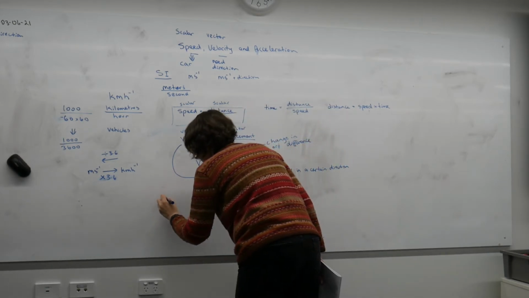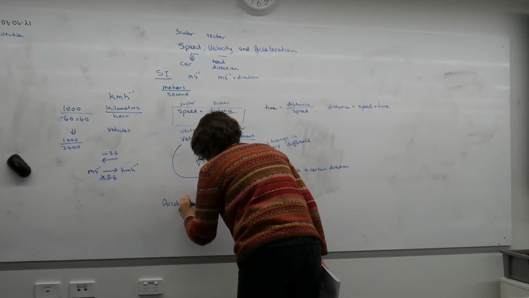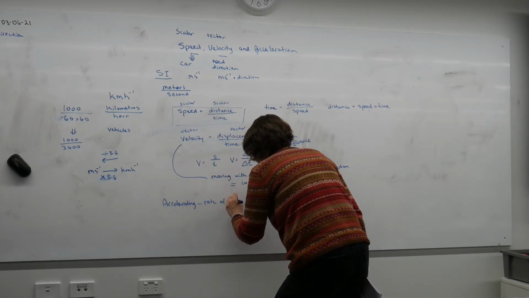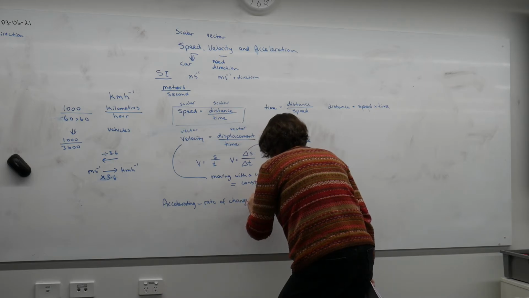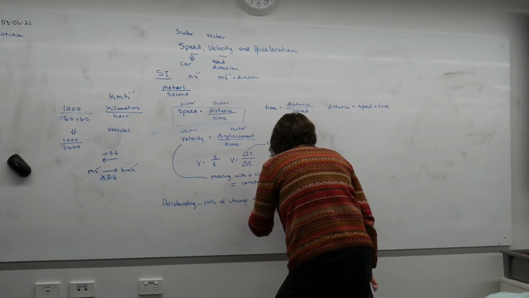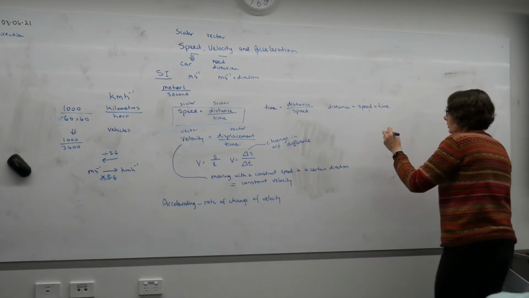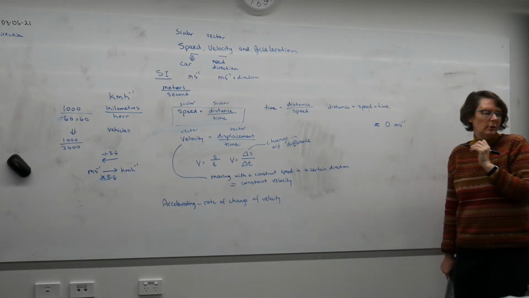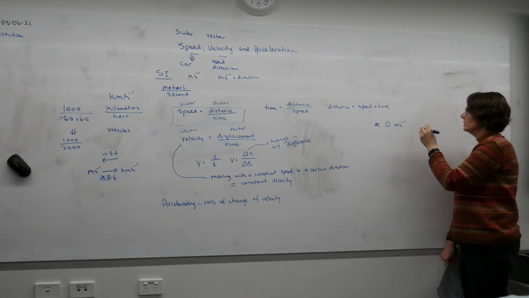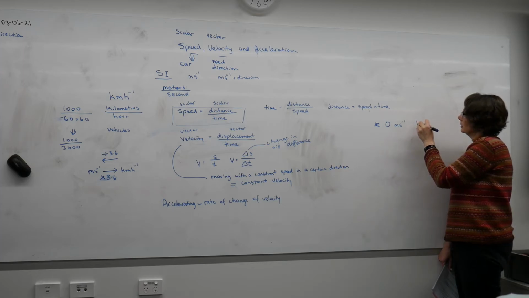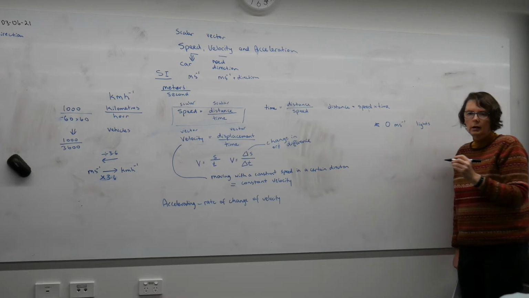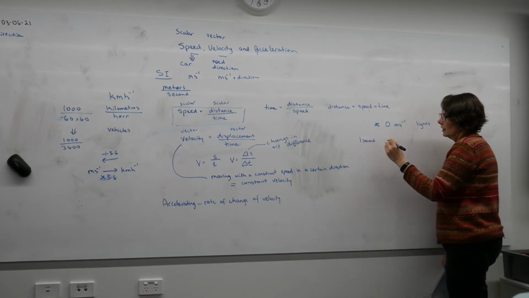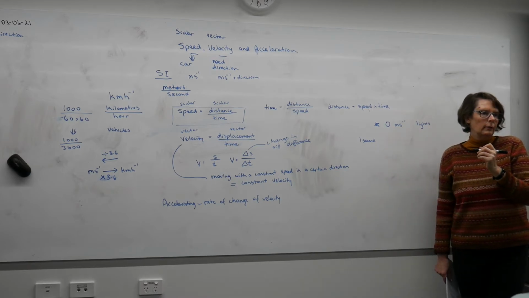Acceleration is the rate of change of velocity. So if you think, you're stopped at a set of lights, you're going 0 meters a second, aren't you? And then the lights turn green, and after 1 second, you might be going, say, 5 meters a second.